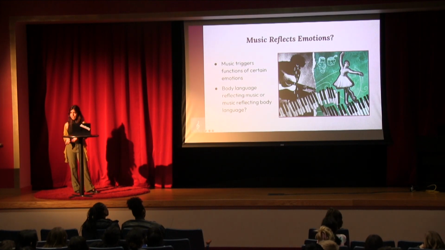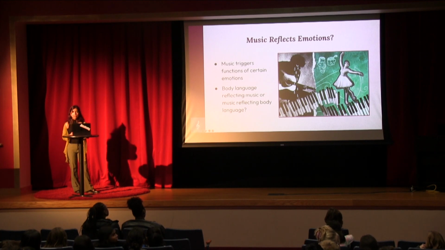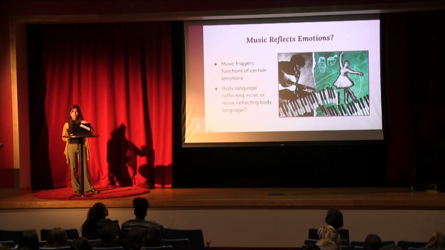And when we listen to sad or depressing music, our corrugator muscle, which is what we use to frown, is often triggered as well. And so we know that our body will unconsciously react to music. The reason that's interesting is because we don't really know if these reactions have developed because of music or if music reflects our anatomical reactions.